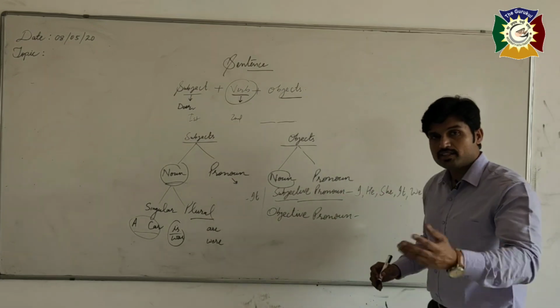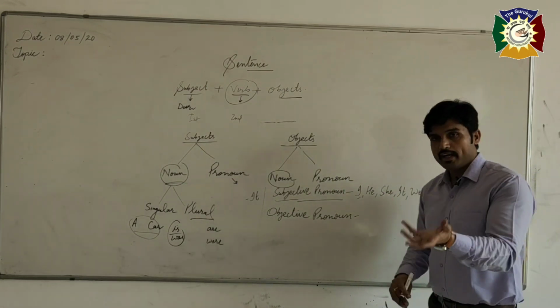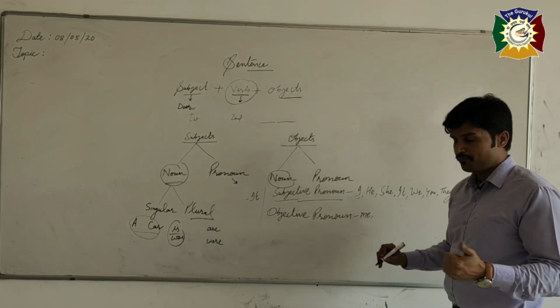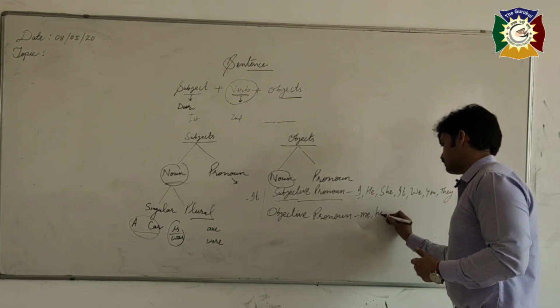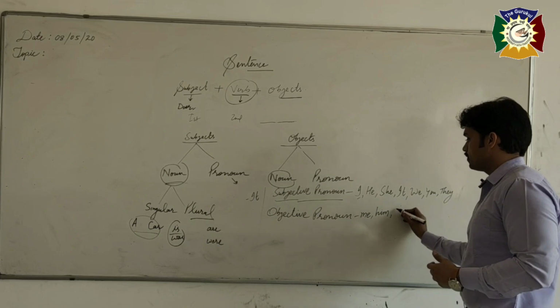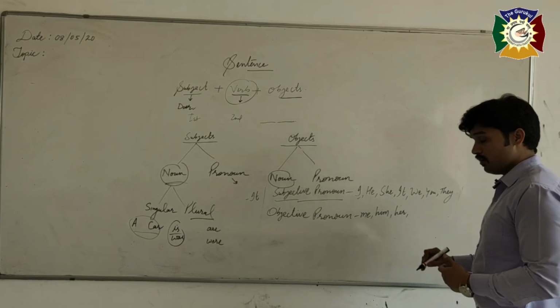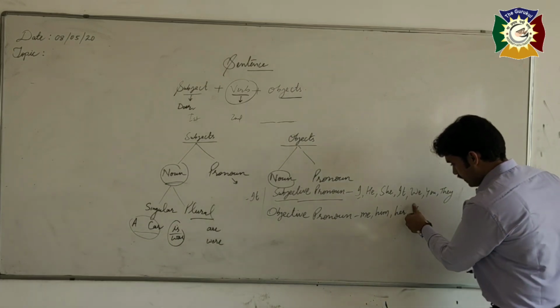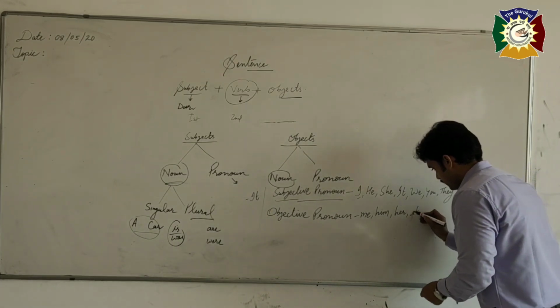Now just change it to the opposite, like I in object is me, he becomes him, she becomes her, it becomes it. Okay, here let's do it this way. This will help you.